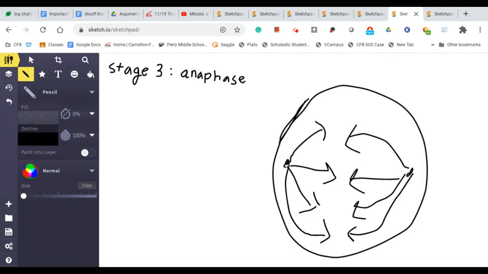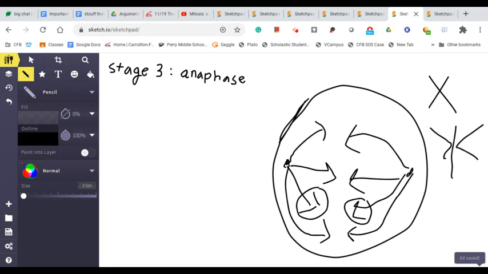And that is where we get to Anaphase, where they pull them apart, and these are not X's anymore. So this is the chromosome. These are all chromosomes. This is the fiber pulling it apart. So now these used to be an X like this, and now they end up looking like that, apart.